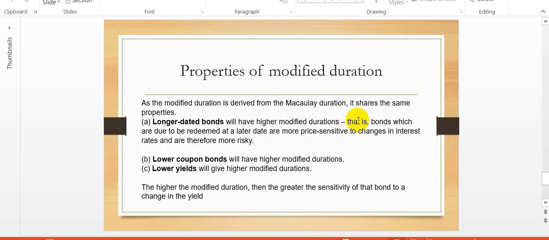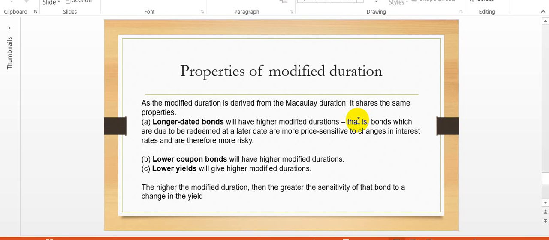As the modified duration is derived from the Macaulay duration, it shares the same properties. The first one being: longer dated bonds will have higher modified durations.